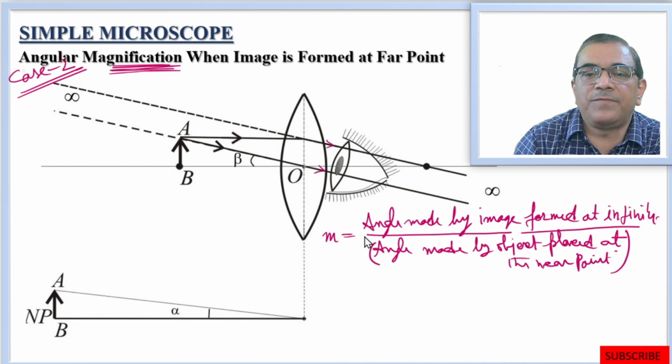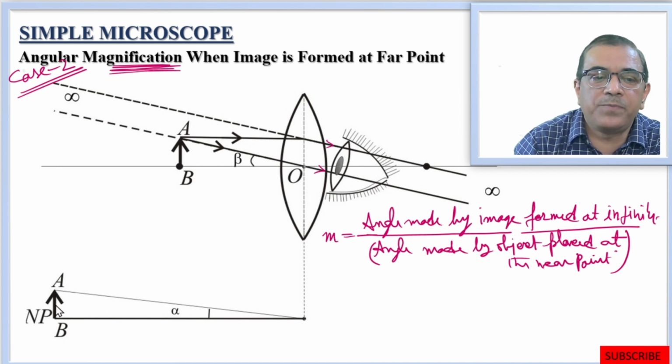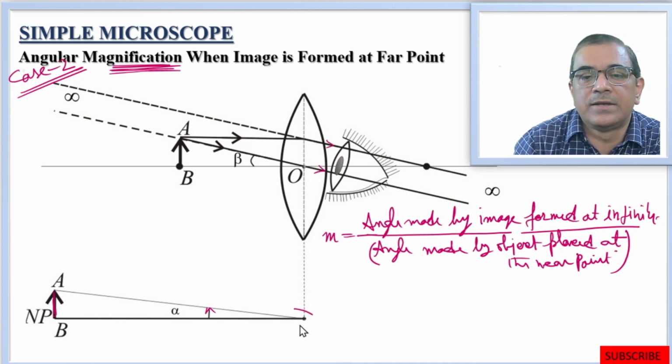You see, still we wanted to find out how big the image is compared to the object when it is placed at the near point. Is that right? And the reason is obvious, because the angular size of the object is maximum when it is placed at the near point and seen directly. Now see, this has to be equal to beta by alpha.